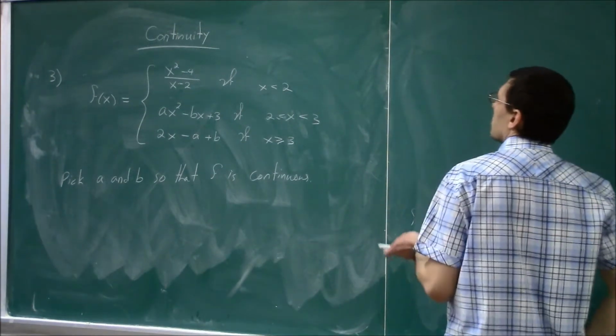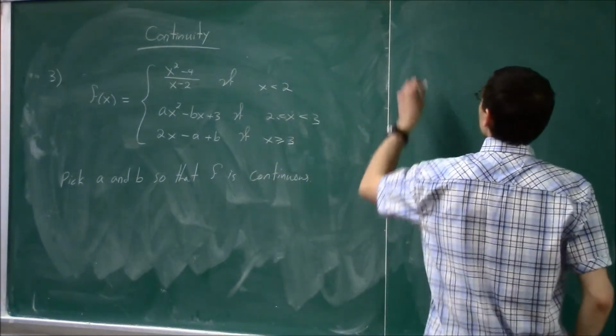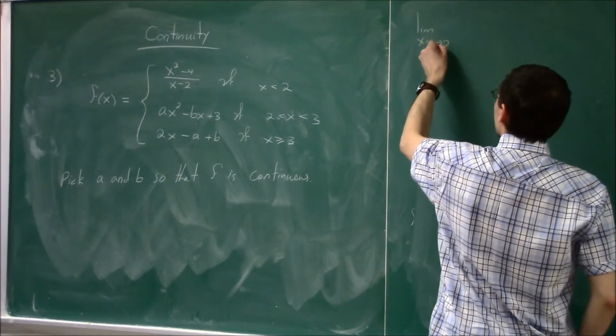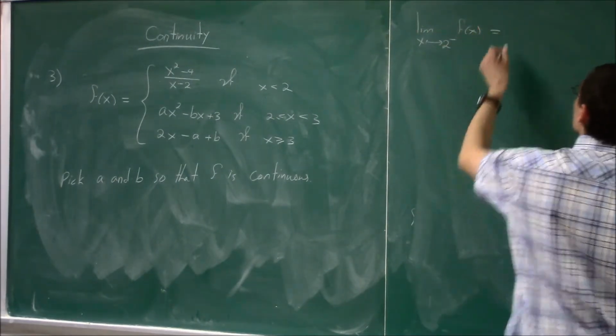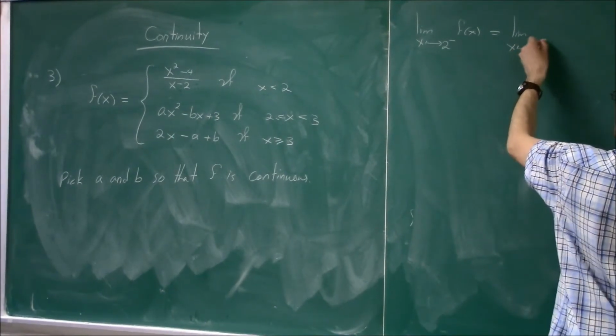So how do we make it work? First, we must have continuity at 2. So that means that the limit as x goes to 2 from the left of f of x must equal the limit as x goes to 2 from the right.